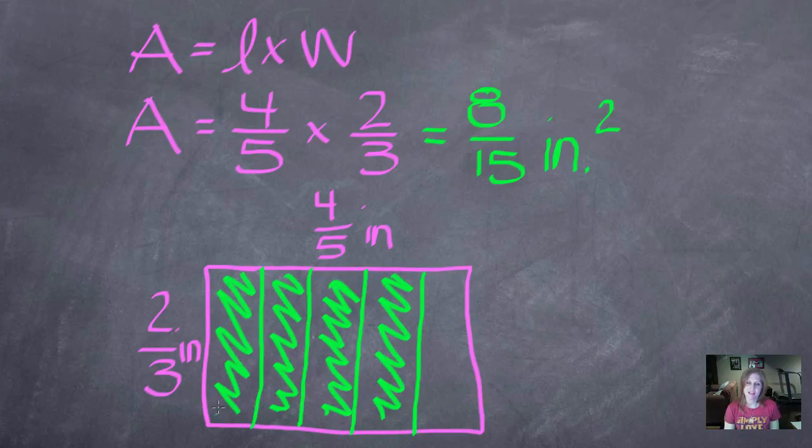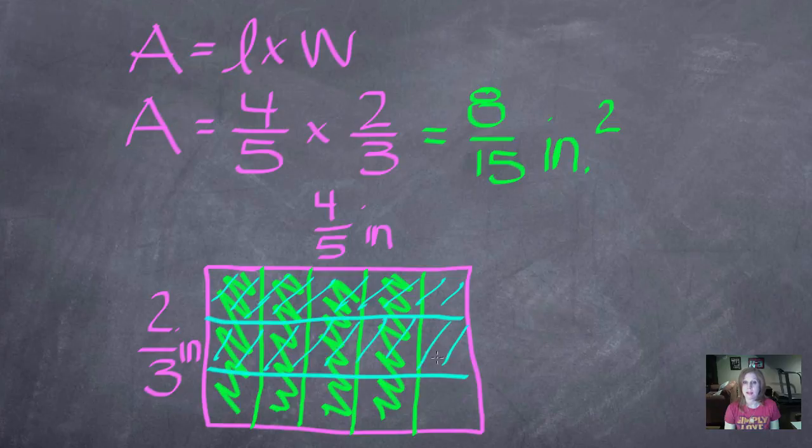Now I'm going to divide this side into 3 parts, or 3 vertical rows. And I'm going to color in 2 of them, going the opposite direction. 1, 2. So I colored in 2 of the 3 rows. So if I count how many I've colored in for both length and width, I have 1, 2, 3, 4, 5, 6, 7, 8. So that's my numerator.